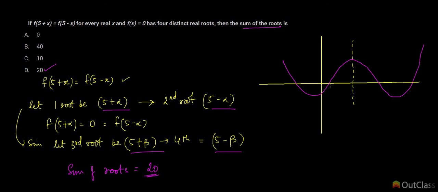So you can see that the average of these two is 5. Let me use another color. The average of these two roots is 5. The average of these two roots is also going to be 5. The average of the 4 roots is going to be 5. So the sum is going to be 20.